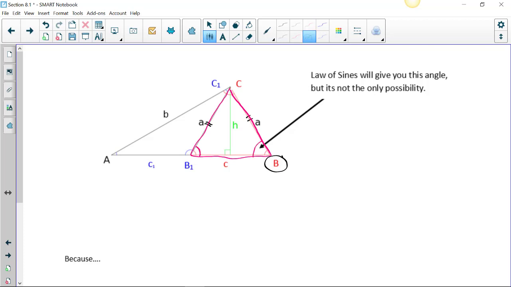So for example, if this angle B is 20 degrees, then this angle over here is also 20. Which means there's an angle that is the supplement of 20, meaning two angles add up to 180. So this angle right here, if I call that theta, I could say theta plus 20 has to equal 180. So that angle theta would be the supplement of 80.